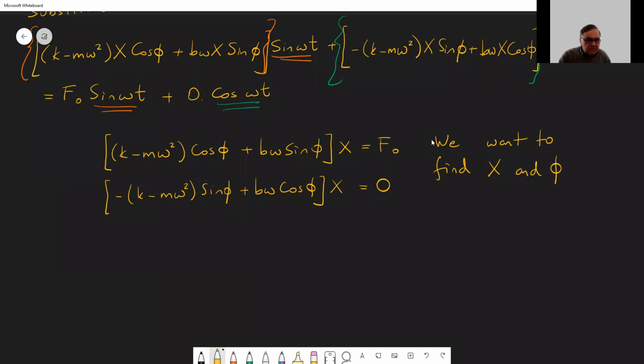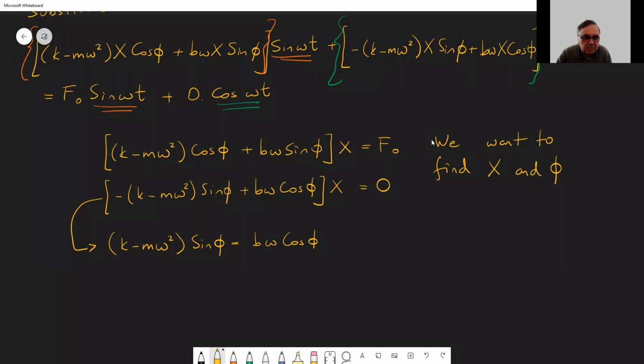Now from the second equation, it looks like it is easy to find phi because you can write the following. k minus m omega squared sine phi equals b omega cosine phi, right?